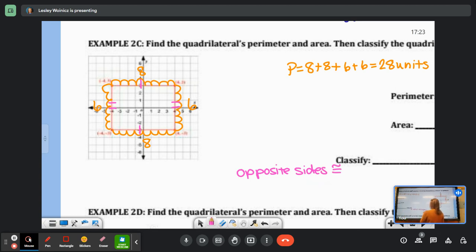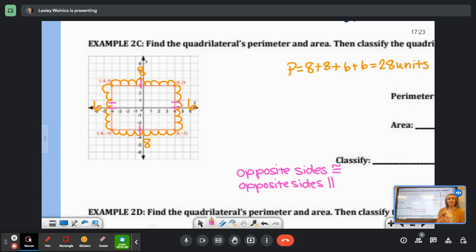Also, we need opposite sides parallel. Okay, so far, this is exactly like a parallelogram because a rectangle is a special type of parallelogram.